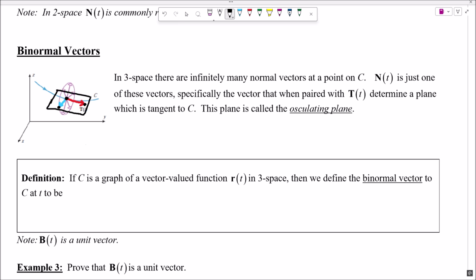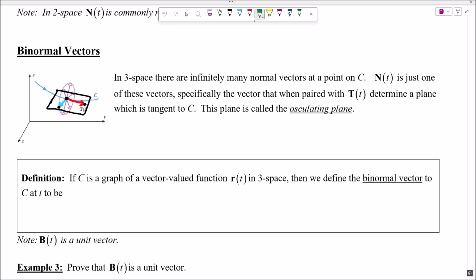Once I have 3 points out in space, there's a unique plane that contains those points, assuming that they're not all collinear, which in this case they would not be. So this plane right here is what we refer to as the osculating plane. It's a plane that is determined by, or contains, these 2 vectors.